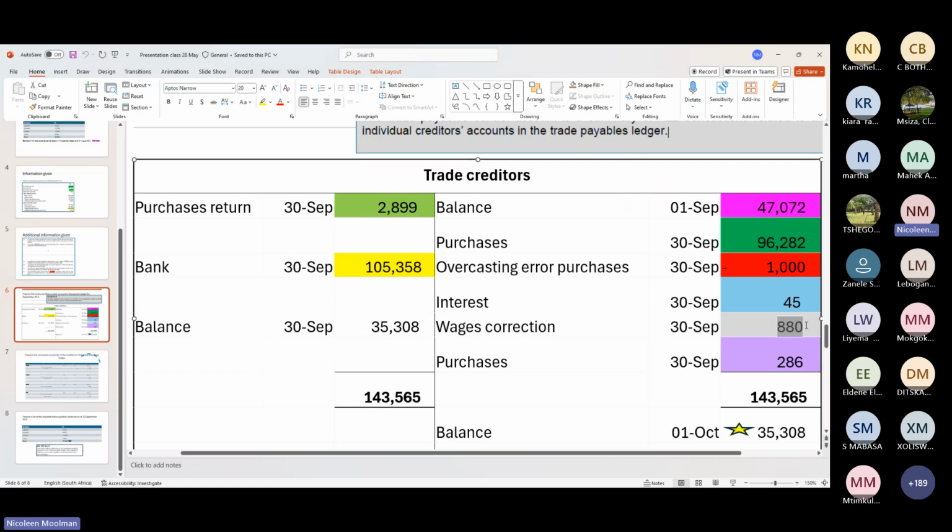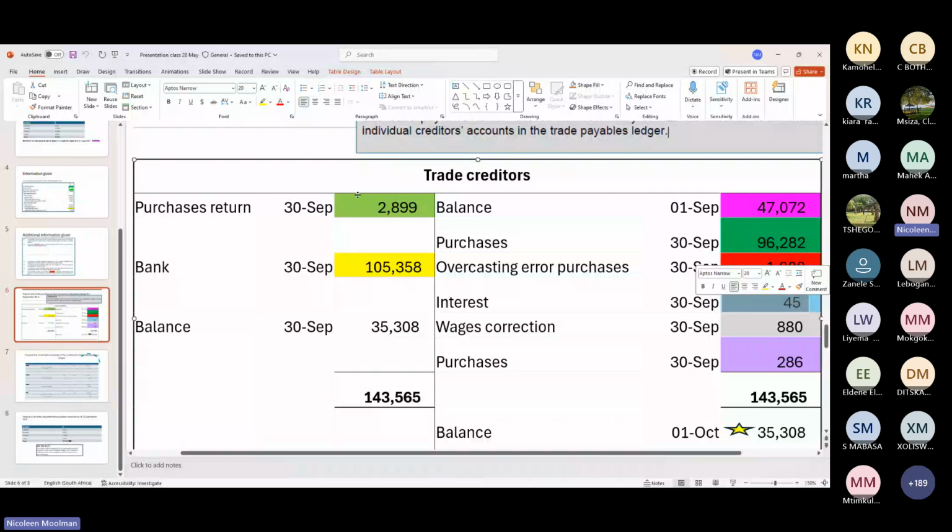Same with the wages. The trade creditors should increase, so we credit it, and the other side of that would be debit wages, the expense, 880, because we had to recognize that. And the same with the interest. We owe the creditors more, so we credit the trade creditors account, we increase our creditors, and the other side would be debit interest expense.